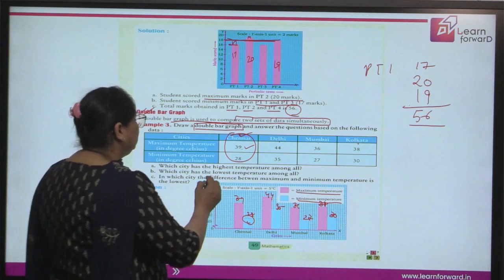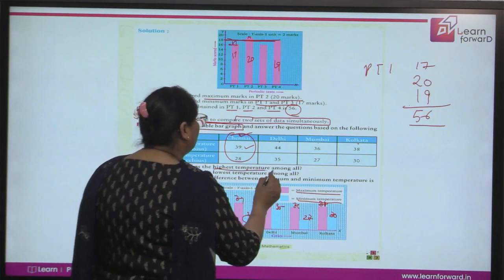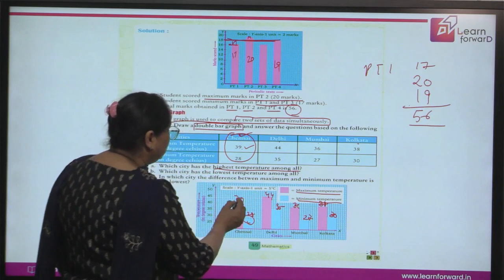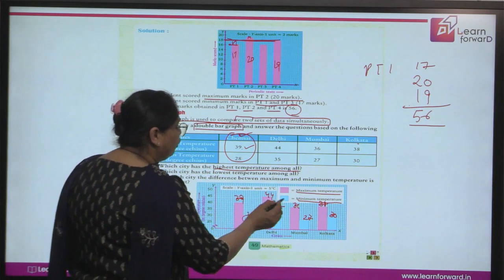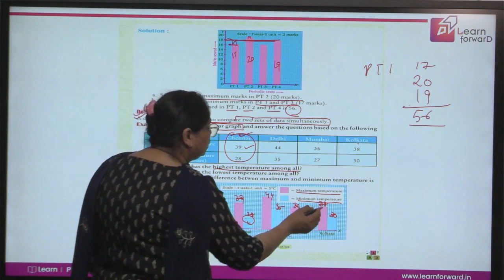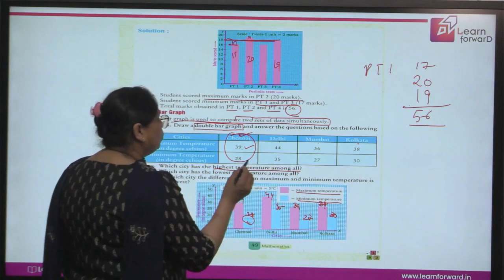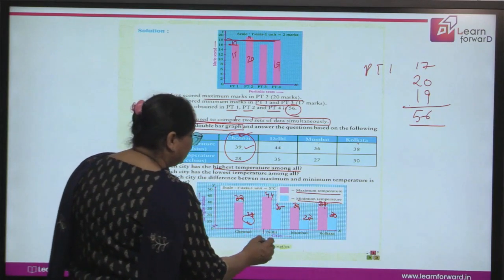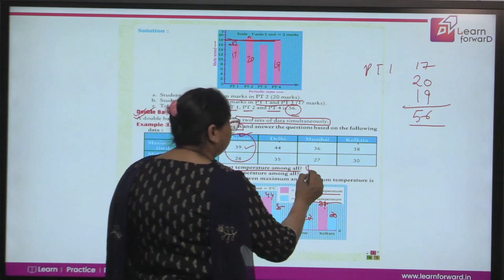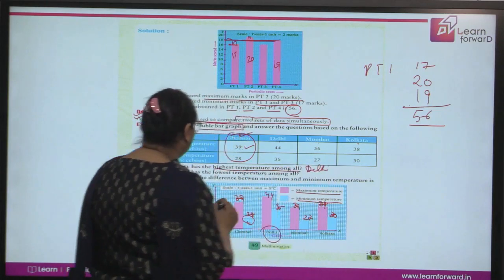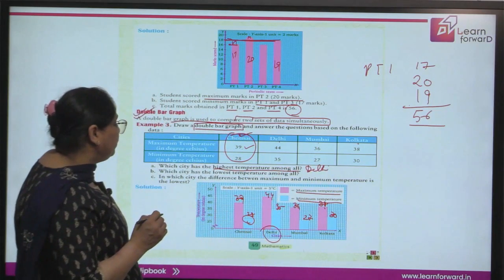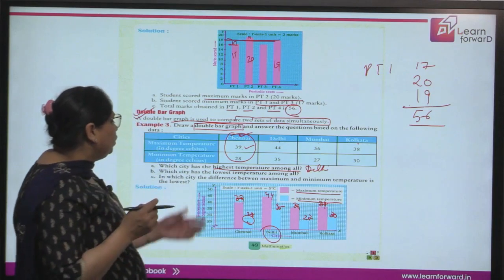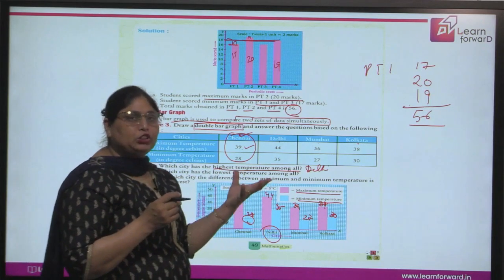In which city is the highest temperature among all? The highest temperatures here are 39, 44, 36, 38. So the maximum temperature is of this city, that is Delhi. Now which city has the lowest temperature among all? We can compare the maximum temperature of all the cities.